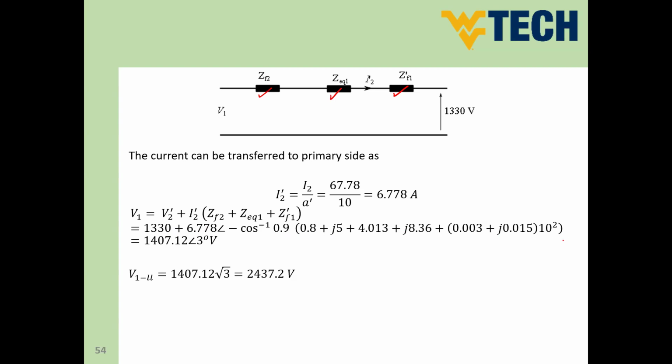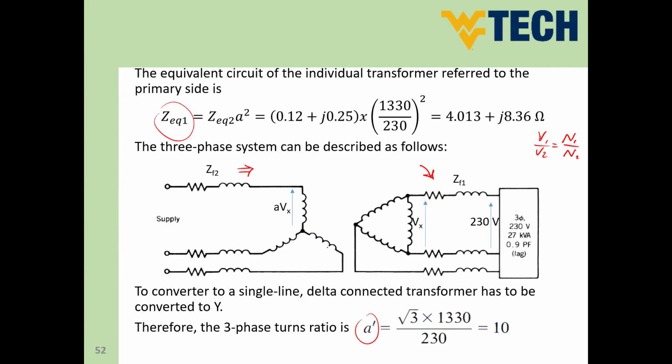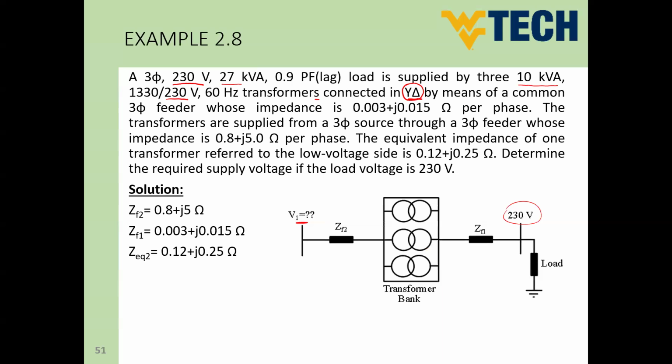the summation of our impedances. Let's see, guys, the impedances again. So 0.8 plus J5, I do believe this was the feeder impedance. Let's go back here. So 0.8 plus J5, this is the second feeder impedance, this one. We already transferred the Z equivalent to the primary side. Now, this is the feeder impedance, which is physically on the secondary side of the transformer.